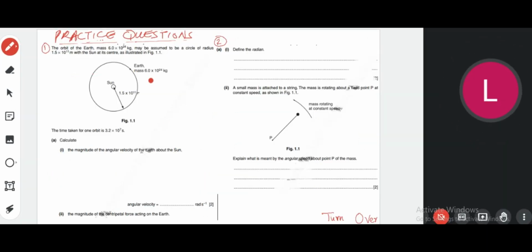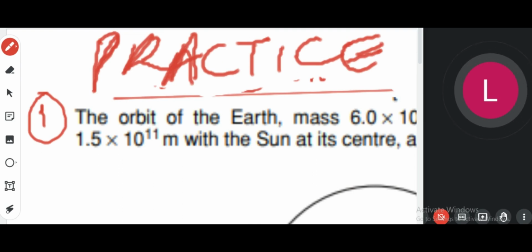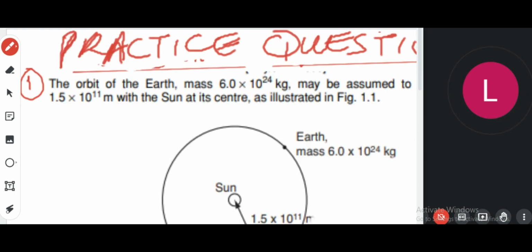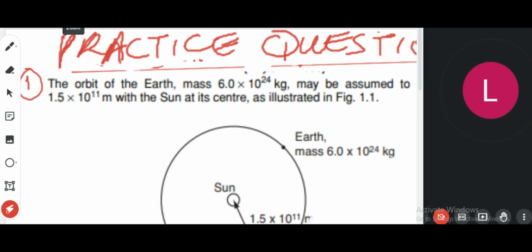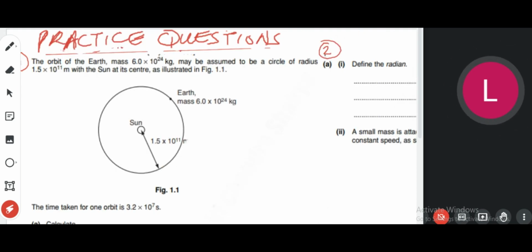But before we do that, you can practice some of these questions. Let me zoom them in. It says the orbit of the Earth, mass 6.0 times 10 raised to 24 kilograms, may be assumed to be a circle of radius 1.5 times 10 raised to 11 meters with the Sun at the center as illustrated.